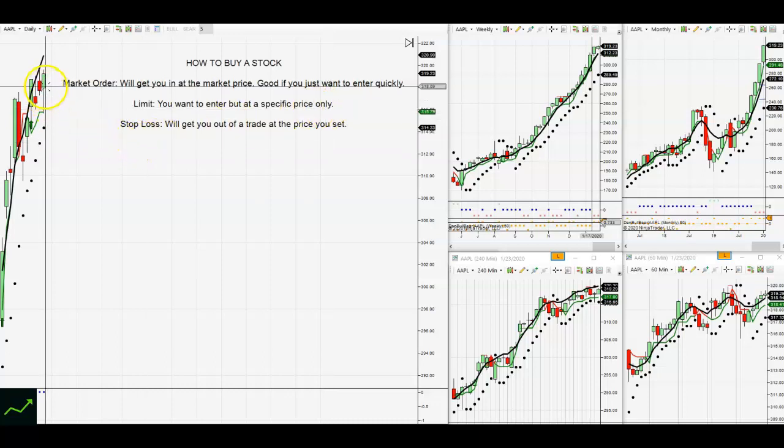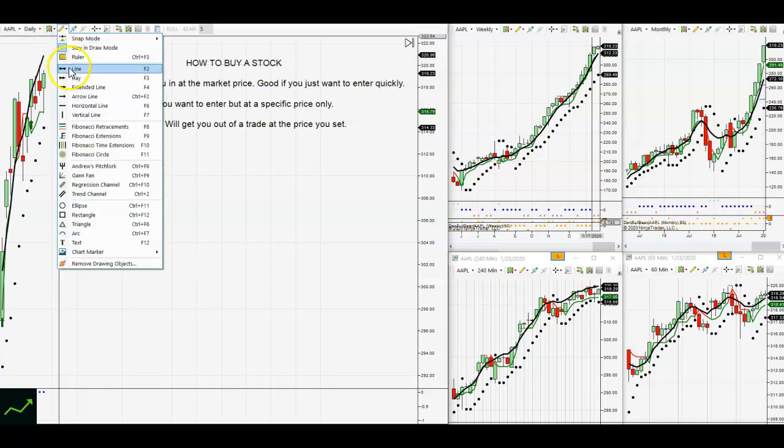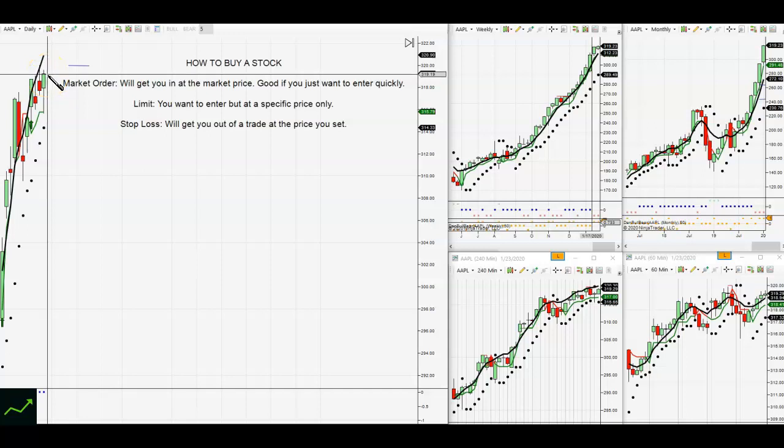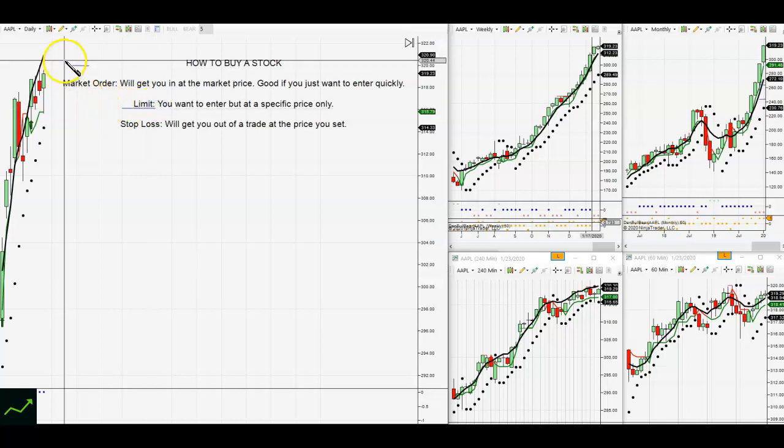So, for example, if we're looking at Apple, Apple closed at $319.23. $319.23 was the most recent close. Let's say you put in a limit order for $320 a share. So if Apple comes up the next day, hits $320, you're going to get your position in Apple.